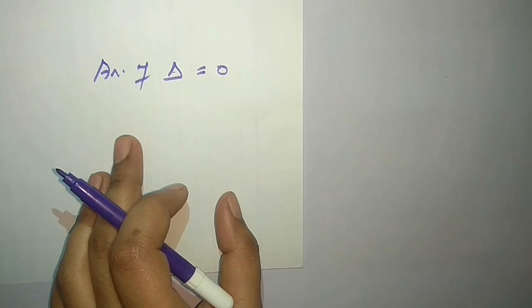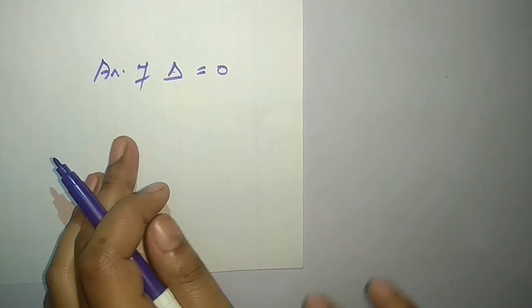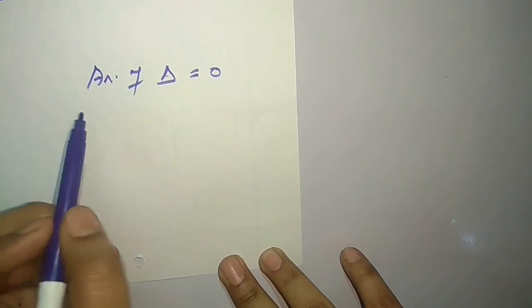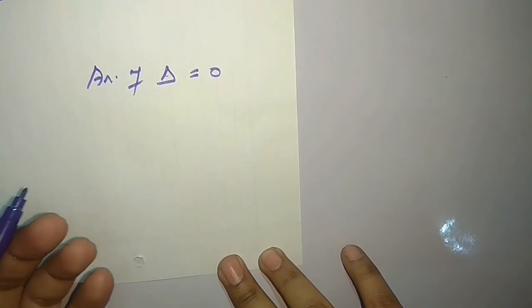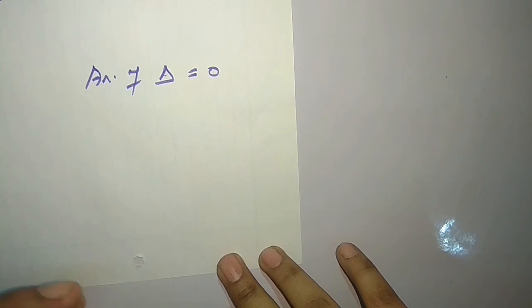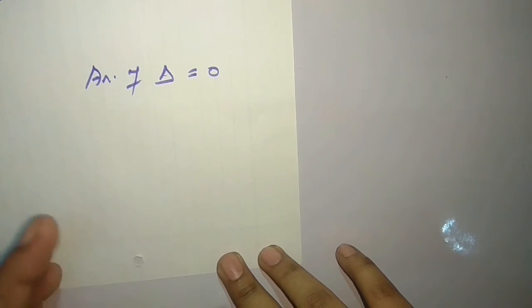In that condition you put the area of the triangle equal to 0 and you will get your answer. By using the formula and filling in the values, you will get your value of k. And that's all for chapter number 7, coordinate geometry.